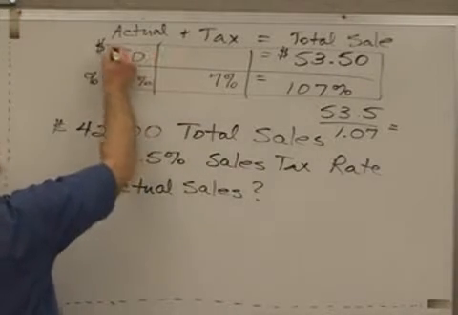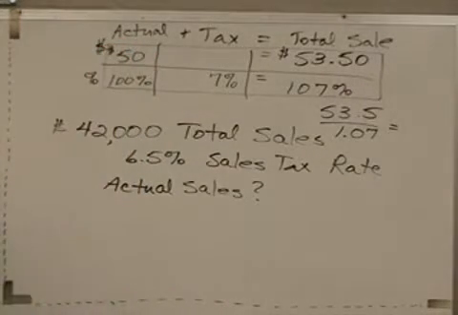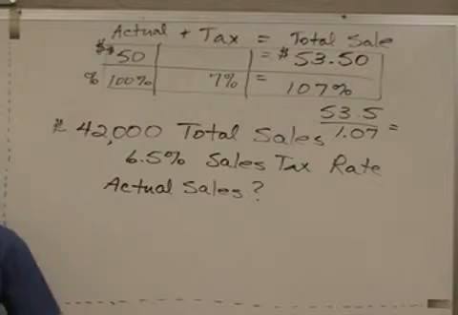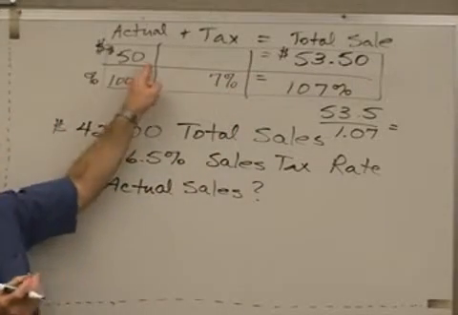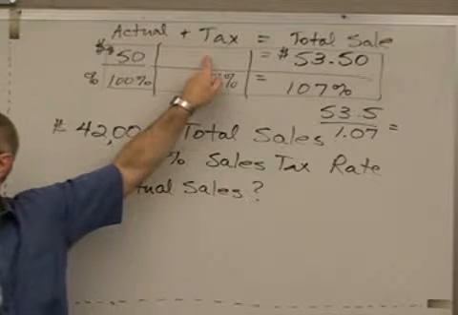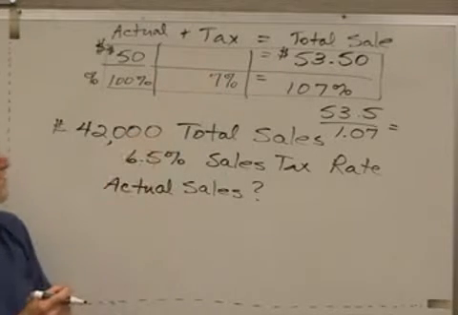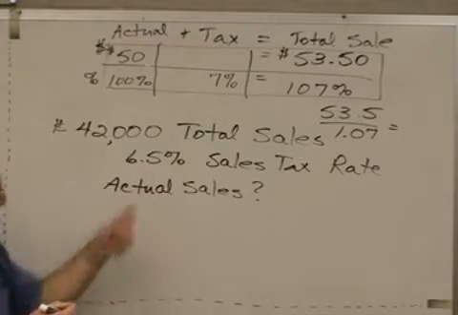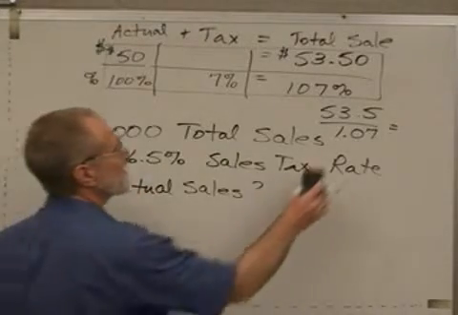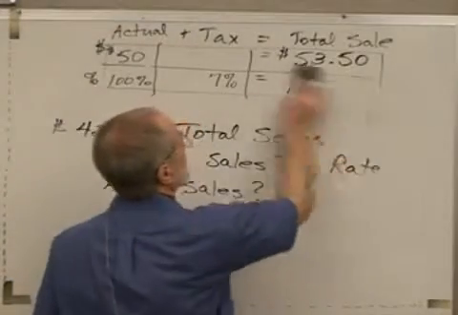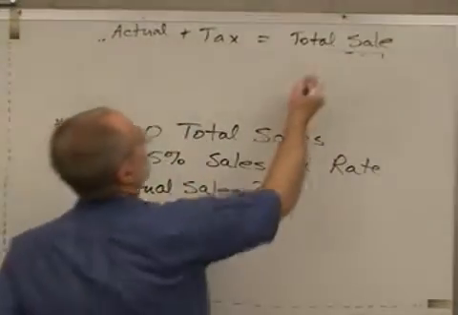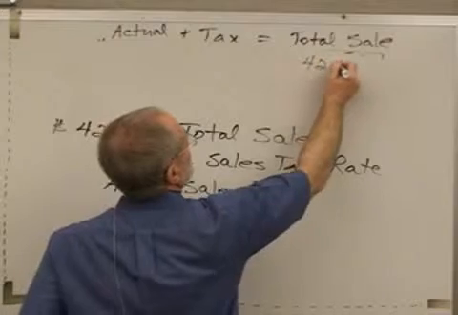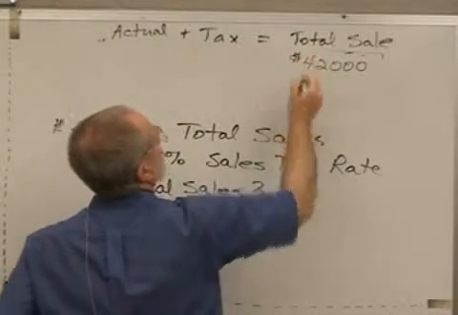Okay. And if the problem said what was the actual amount of the sales tax, then we could simply subtract, or we could multiply the 7% times that to give us the 3.50. Okay. So now let's work this problem that we started with. Here we have 42,000 is the total sales, don't we?